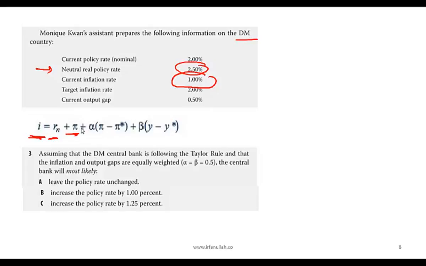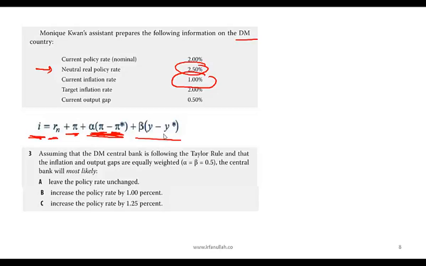Then these two parts of the equation basically allow us to adjust the policy rate based on the difference between current inflation and pi star, which is the target level of inflation. Any central bank needs to have a target level of inflation, or most central banks actually in the world do their policy based on some target level of inflation.